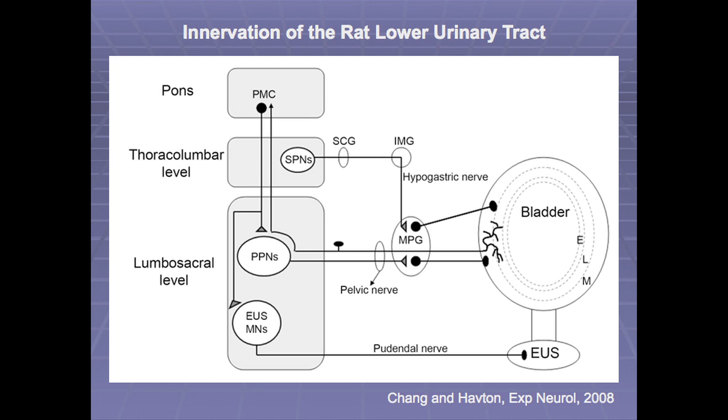One is a component of autonomic neurons, meaning neurons that are under non-willful control that innervate different ganglia and the visceral organ here, the bladder. But we also have motor neurons that innervate skeletal muscle in urethra sphincters. And those two components are very important for the normal function.